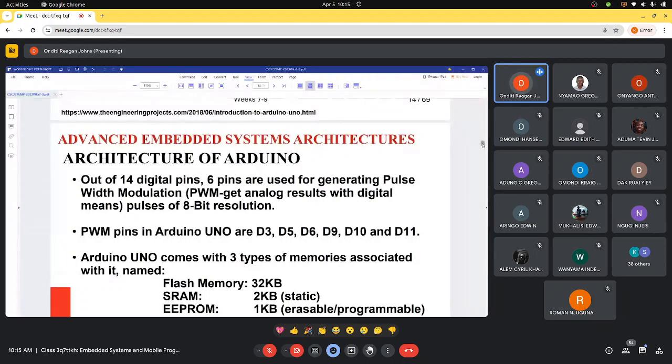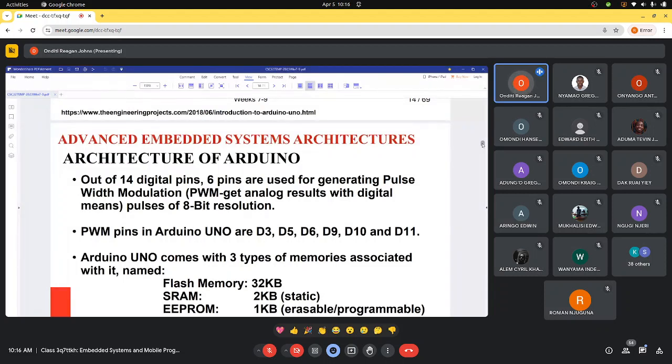This is what I had earlier explained. They always have an 8-bit resolution. The PWM pins in Arduino Uno are D3, D5, D6, D9, D10, and D11. To identify them on any board, they will have a tilde next to them.